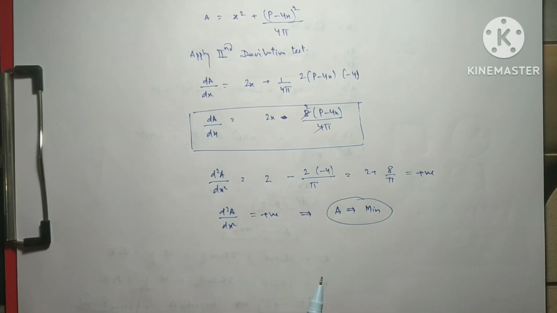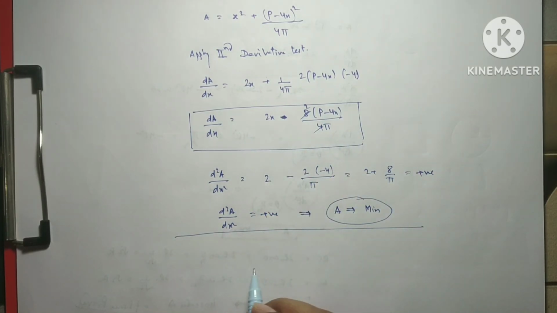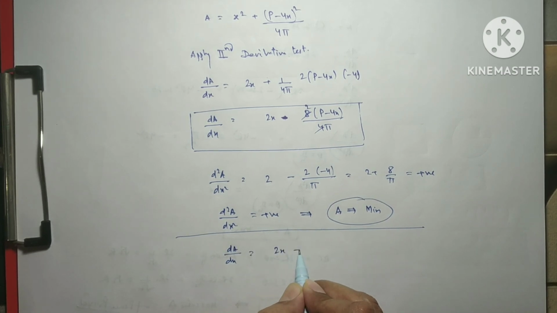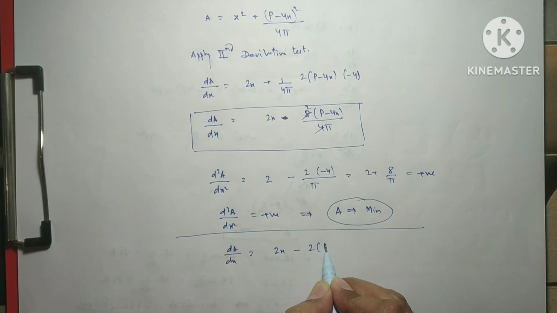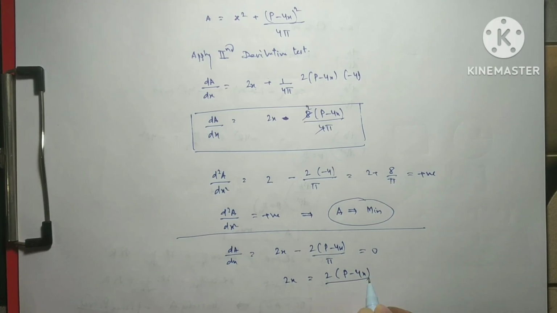Right, now we want to prove the intermediate condition. For this we will place the first derivative as 0. So dA over dx, that is 2x minus twice p minus 4x over pi, equals 0. So 2x equals twice p minus 4x over pi.